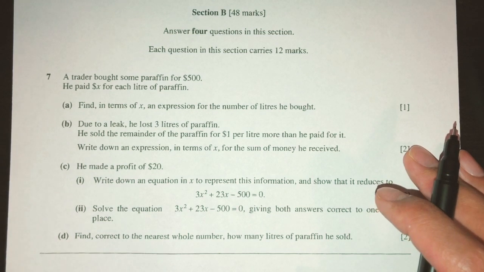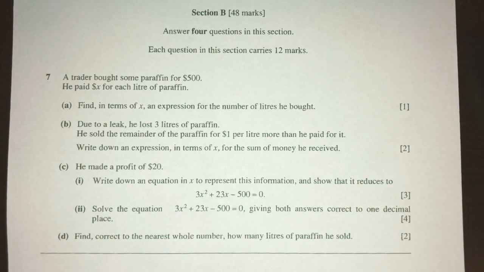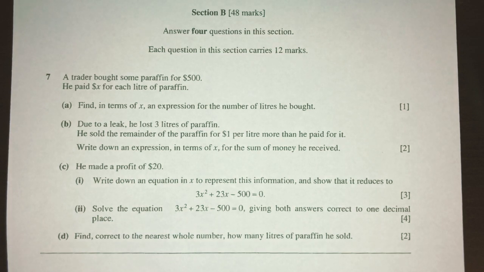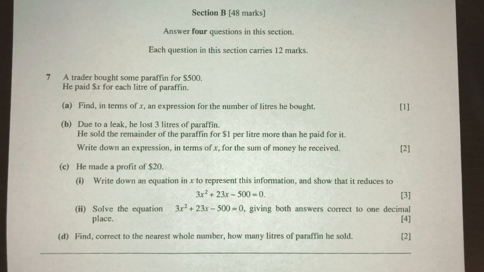Now let's move on to part B of the question. So we only have to answer 4 questions, and of course we will be doing all the questions in this paper. Now question number 7. A trader bought some paraffin for $500. That's the cost of the paraffin. Now he paid X dollars for each liter of paraffin. Great. Now part A. Find in terms of X an expression for the number of liters he bought.